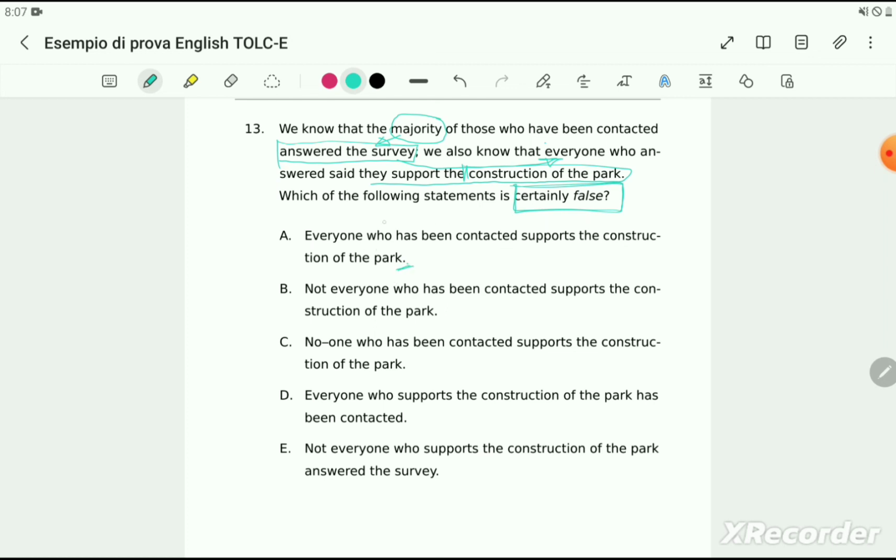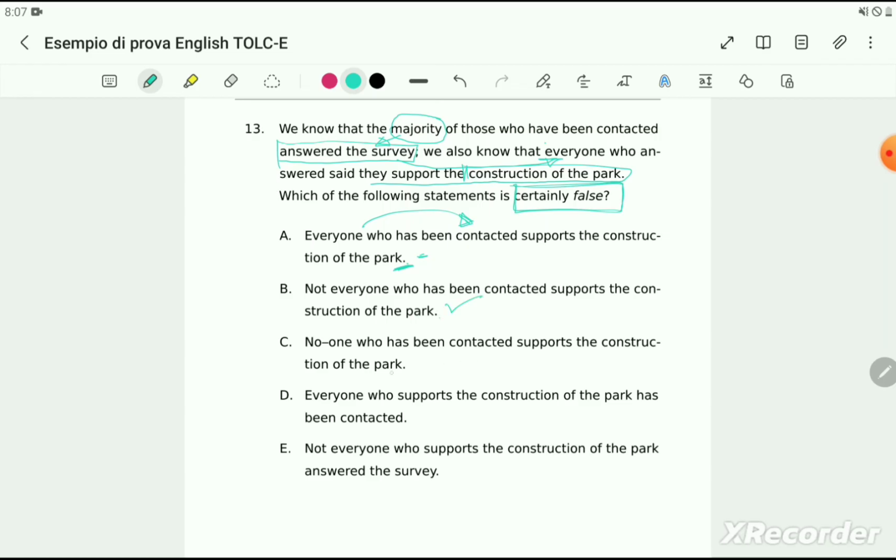Everyone who has been contacted for the survey supports the construction of the park? No, not everyone supported, because not everyone replied to the survey. So this could be the answer. Not everyone who has been contacted supports the construction of the park.